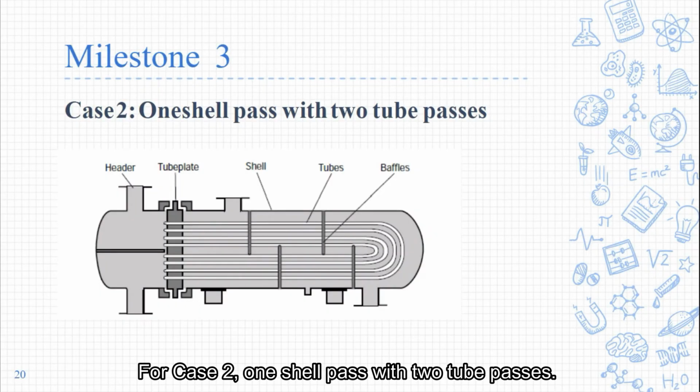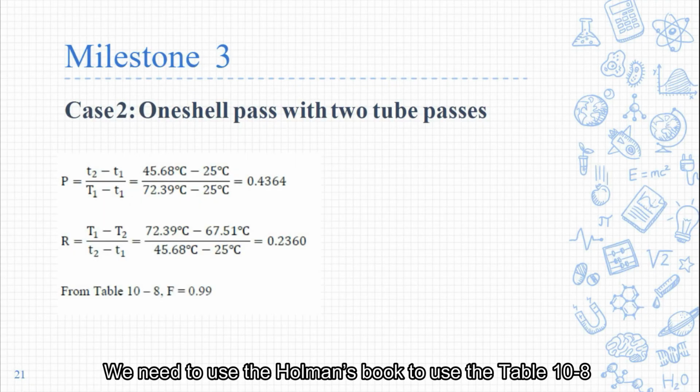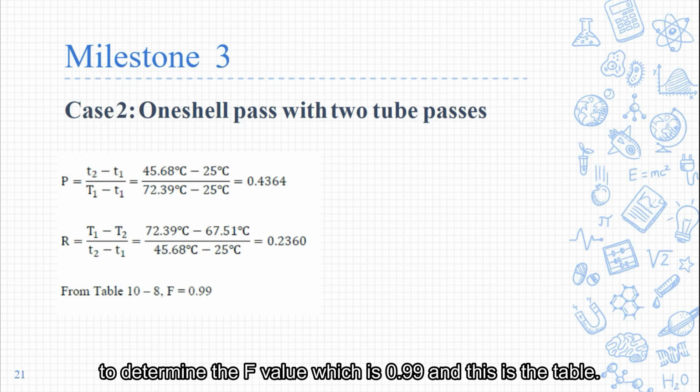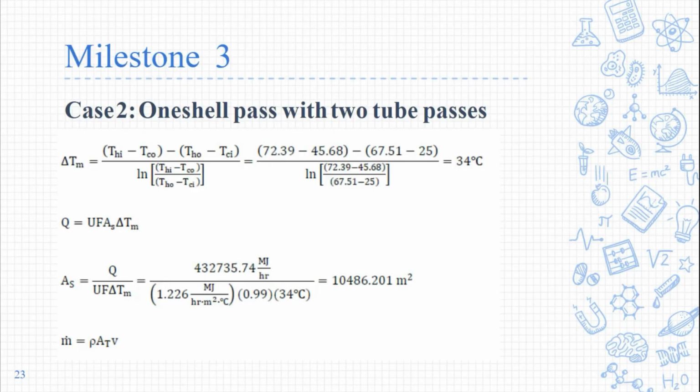For case 2, 1 shell pass with 2 tube passes, we need to use Hoffman's book, table 10, to determine the F value, which is 0.99, and this is the table.